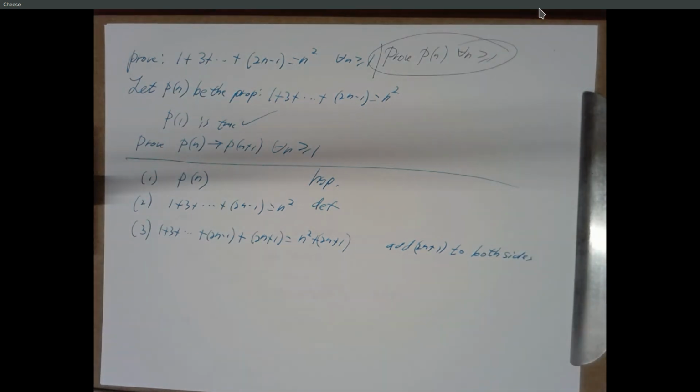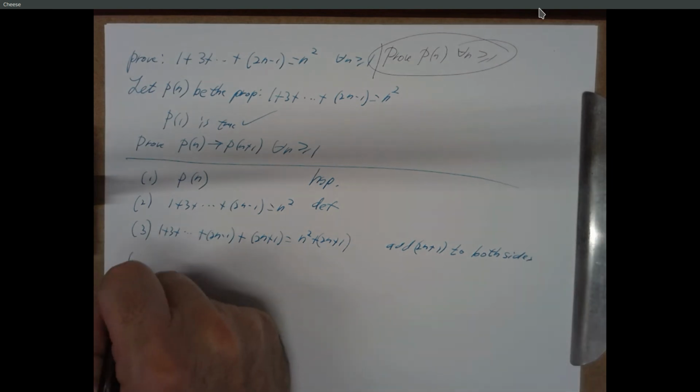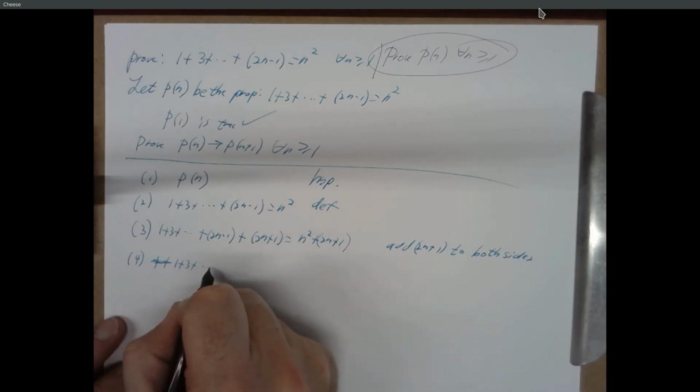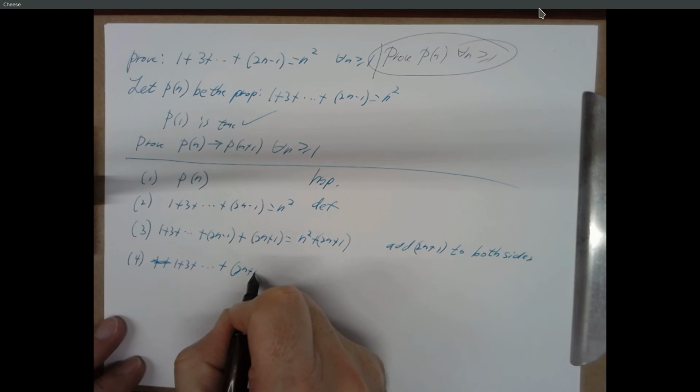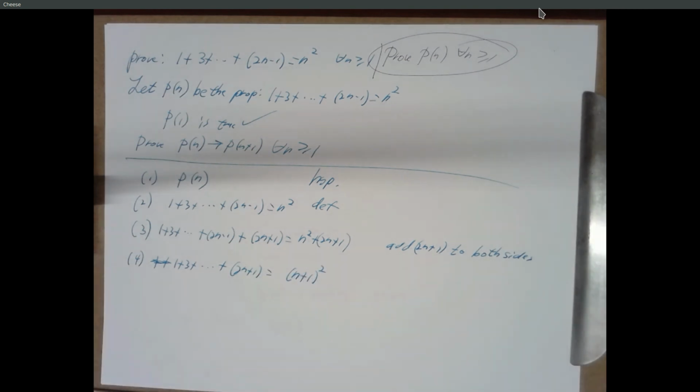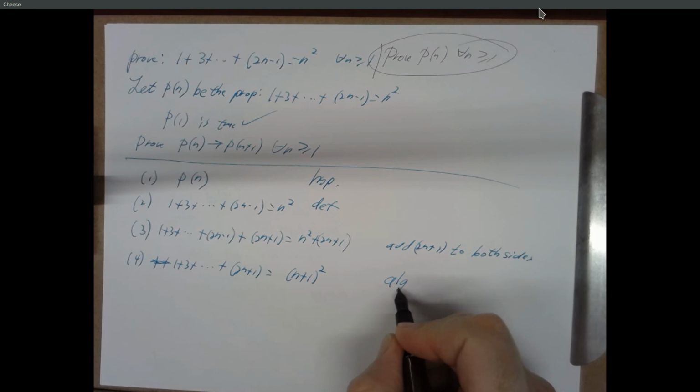So I had an equality, I added the same thing to both sides, it's still an equality. And then I'm going to factor 2n plus 1 plus n squared to be n plus 1 squared. That's just more algebra.